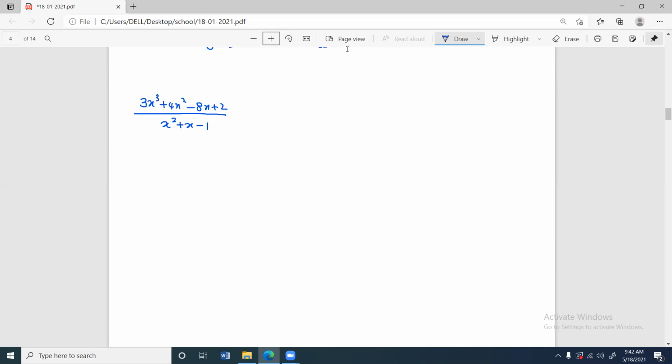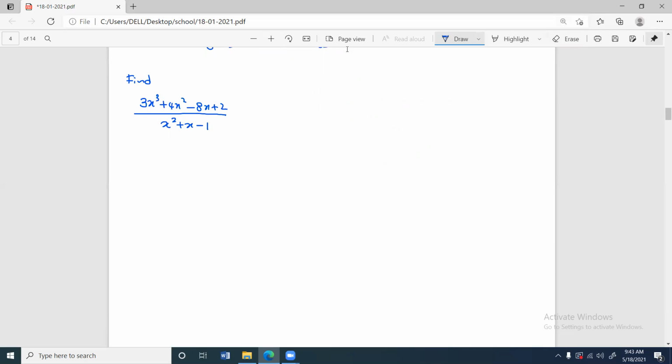It's given, and they ask us to find the answer. The first method is using long division. That is kind of convenient, but sometimes in examples, they might give you different techniques to find this answer.